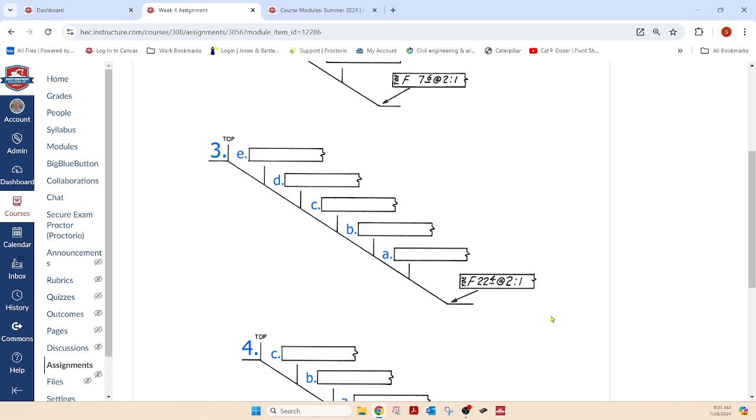Look down here. Highest multiple of 4 that can be subtracted from 22.4. Let me see if I have that worked out. Highest multiple of 4 that can be subtracted from 22.4 is what?